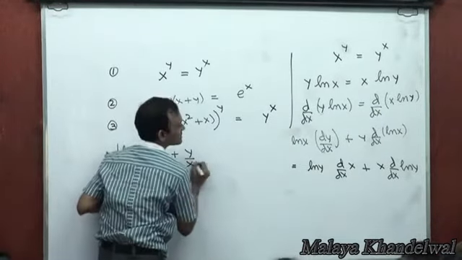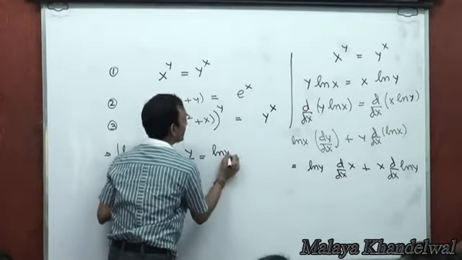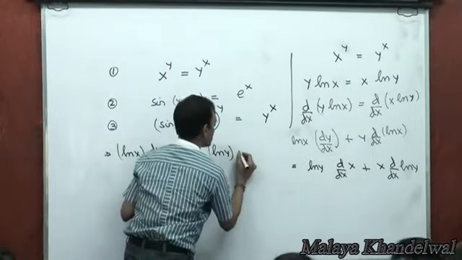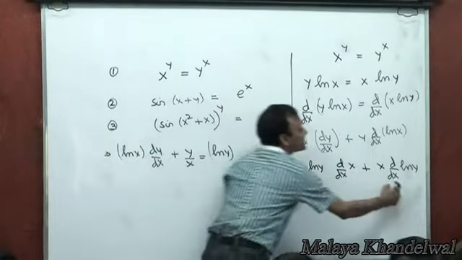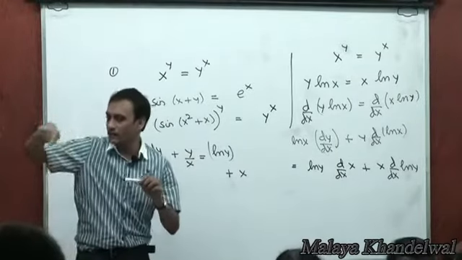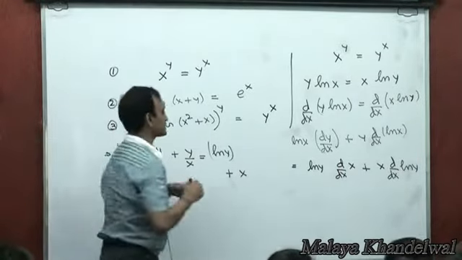So y by x is ln y. What's d/dx of x? 1, plus x into what's d/dx of ln y? 1 by y dy/dx.